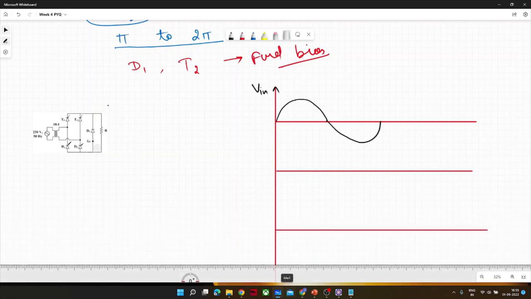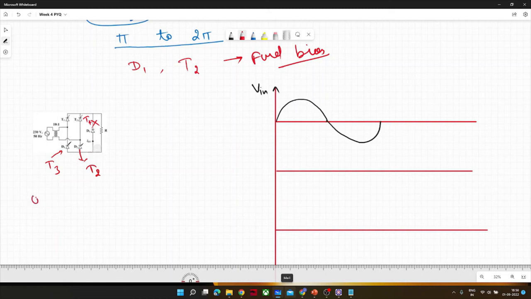Now, let's assume this diode is not present. Let's say this is T1, this is T2, this is T3, and this is T4.